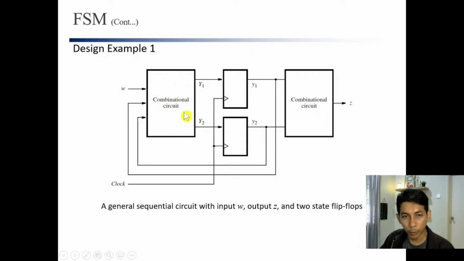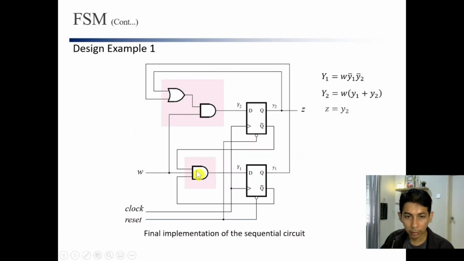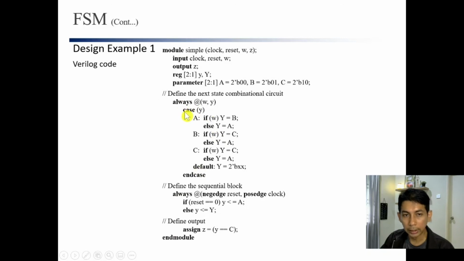So the inputs of this circuit will be W, small y1 and small y2, and the outputs will be capital Y1 and capital Y2. You can use the case statement in an always block where the inputs are W and small y.